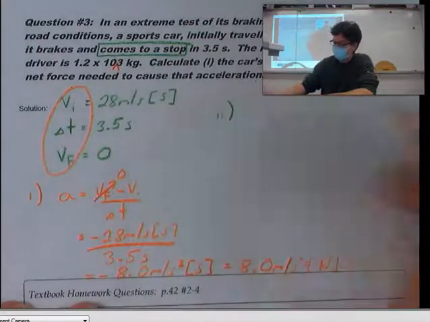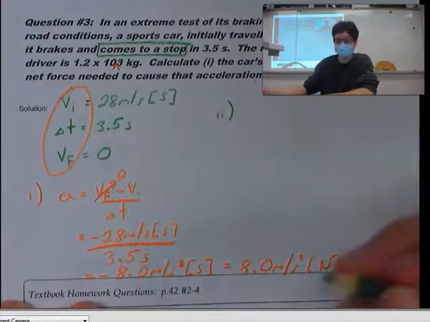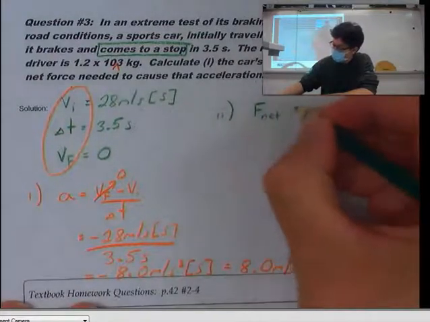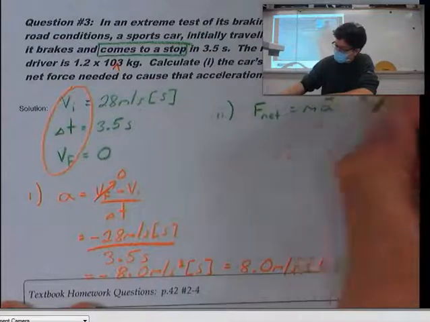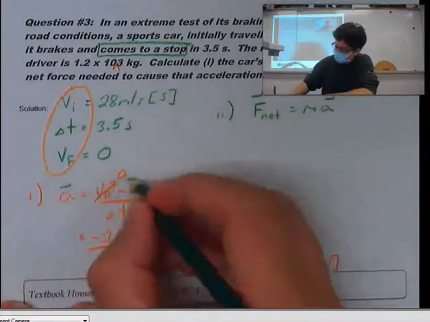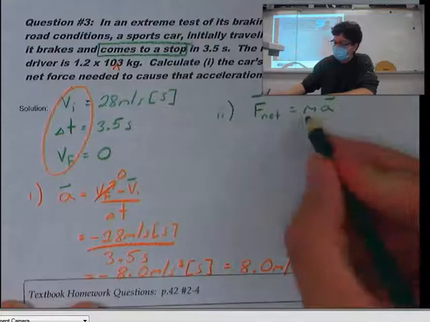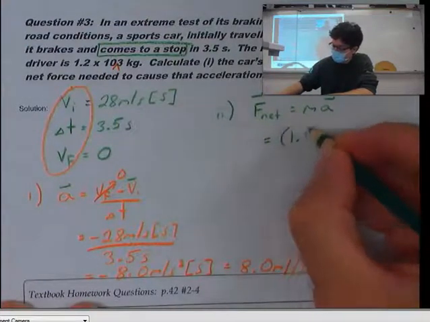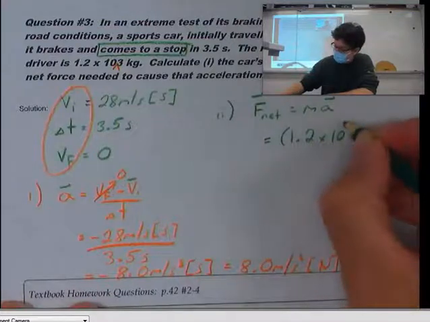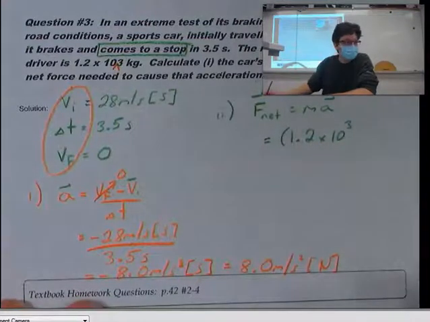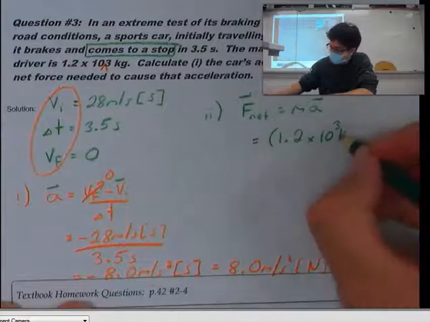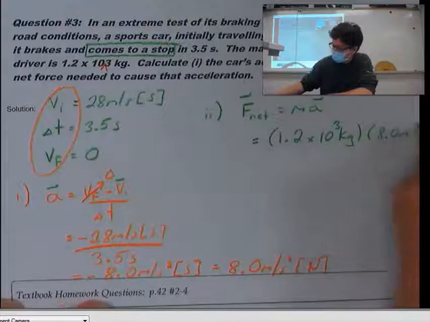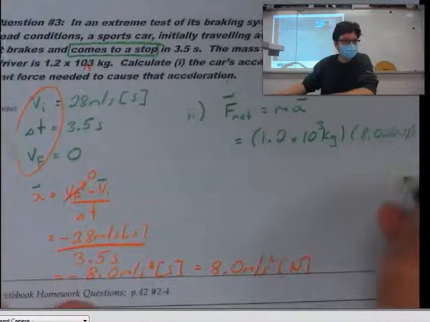The second part asks for net force. So that's when we can go and use Newton's second law. F net equals ma. I always forget my vector signs. Then we know mass and we know acceleration. So mass is 1.2 times 10 to the power of 3 kilograms multiplied by 8 meters per second squared north.